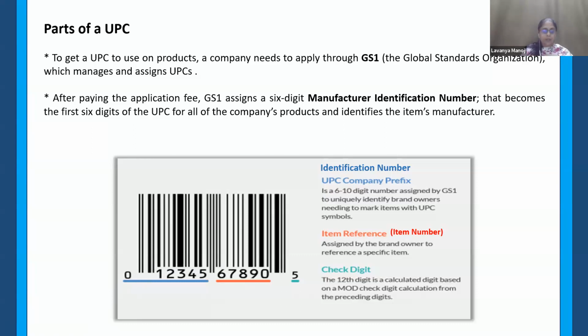Finally, the single digit that the calculation gives is taken as the check digit of that particular UPC code. So the check digit also differs for each product of the same company. Is that clear?